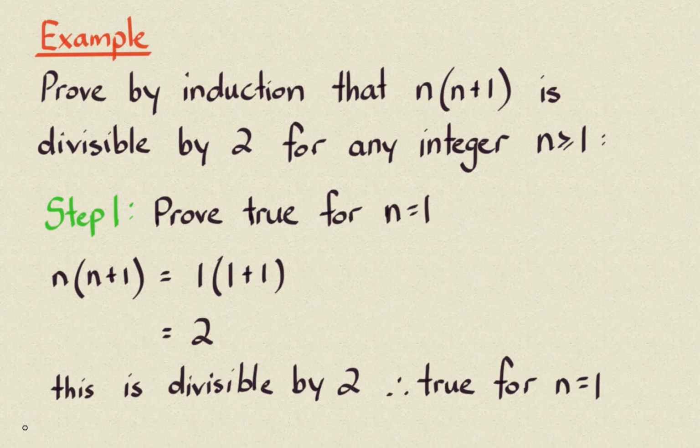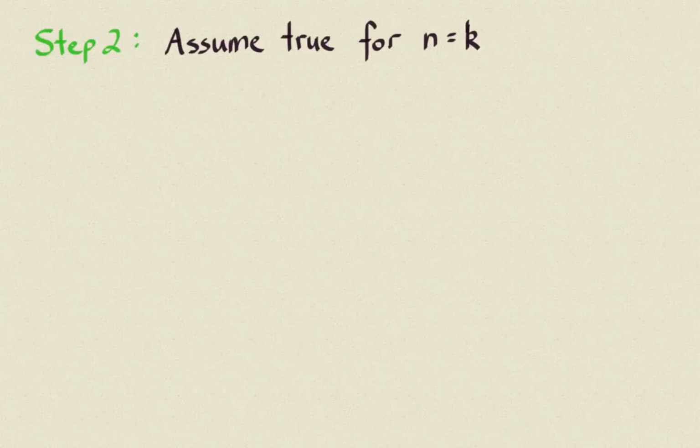Right, on to step 2. Assume true for n equals k. But what is it exactly that we are assuming here? Well, we are assuming that k times k plus 1 is divisible by 2.